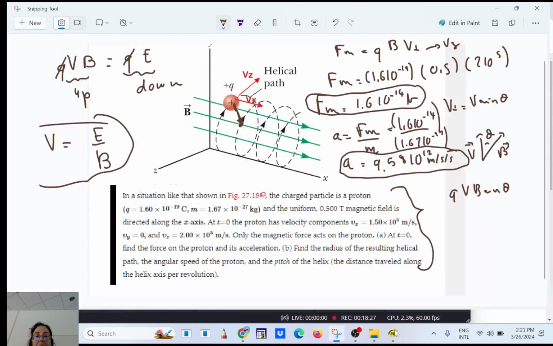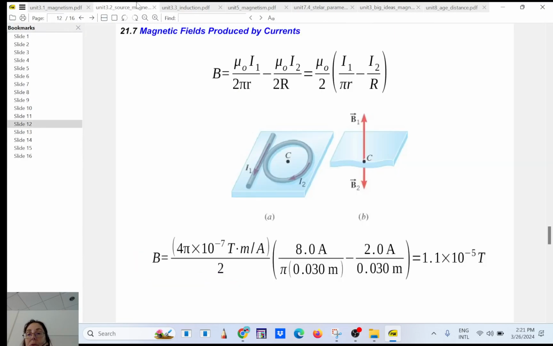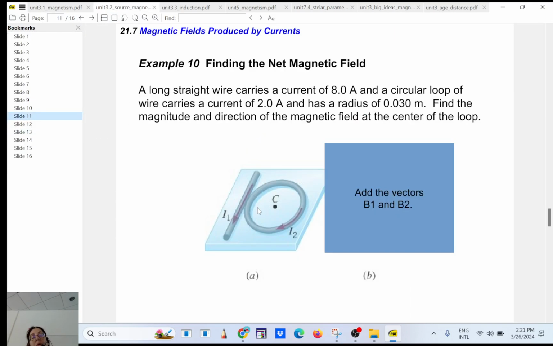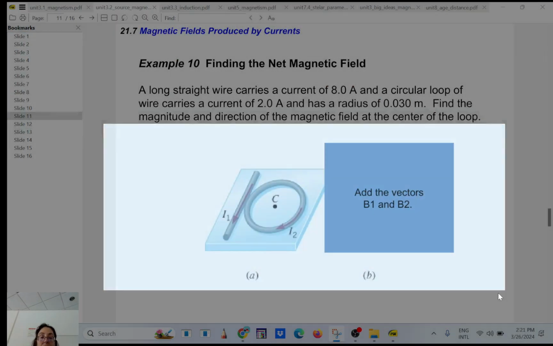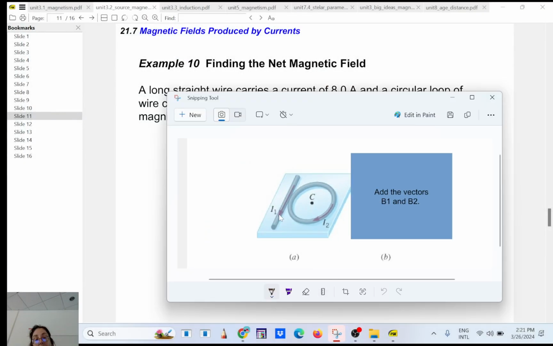Okay, so let's go back to our Ampere's law. And here we did this one. So remember to be able to use your right hand. It's the same right hand, but a different way to use it. So if you find the magnetic field produced by a straight wire, you go like this.